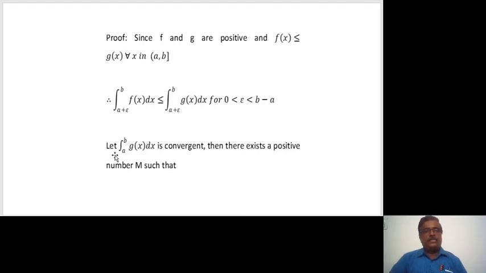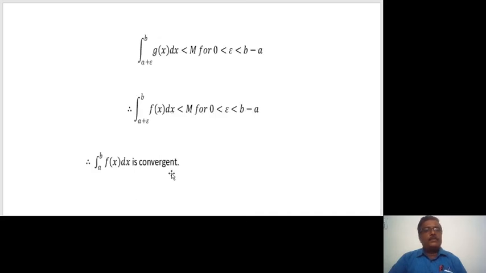Now we assume that the integral from a to b of g of x dx is convergent. By the definition of convergence, there exists a positive number m such that the integral from a plus epsilon to b of g of x dx is less than m for 0 less than epsilon less than b minus a.